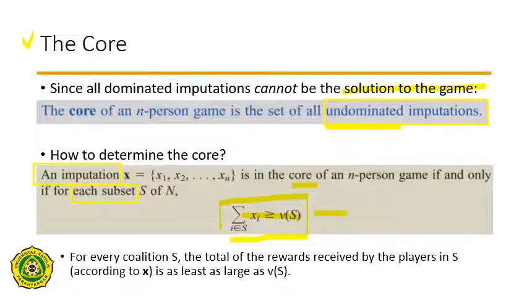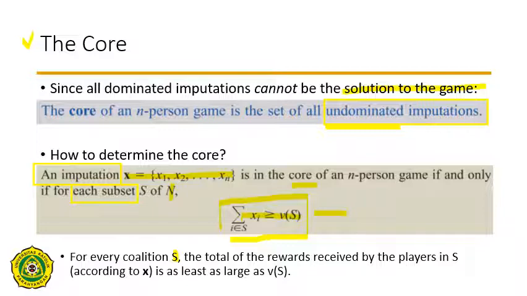That inequality says that for every coalition S, in which S is any subset of n, remember the subsets can be each player acting by themselves, two players, the grand coalition, and also the empty set, you need to make sure that the reward offered by this imputation is always greater than or equal to vS, such that the imputation can be in the core.